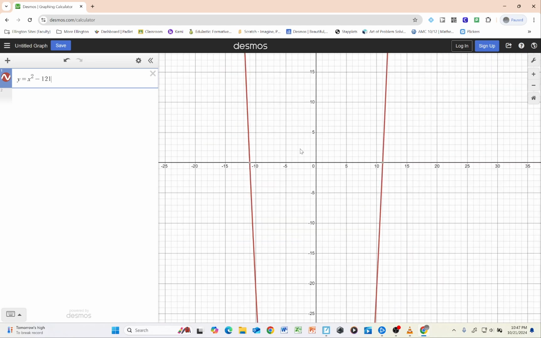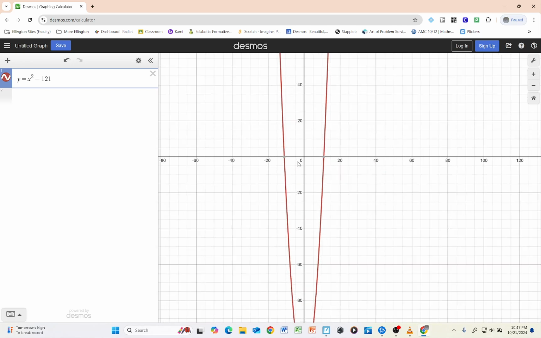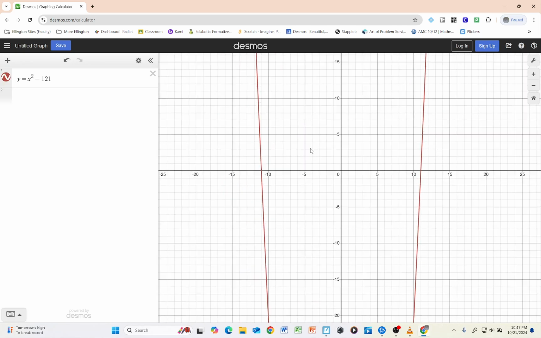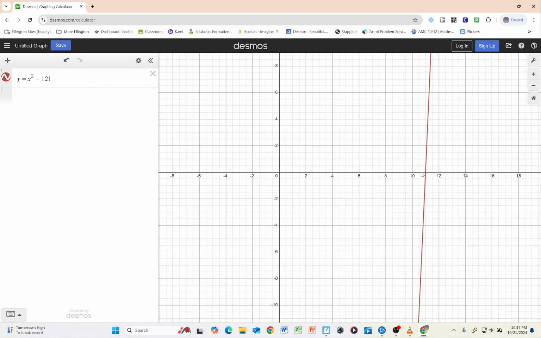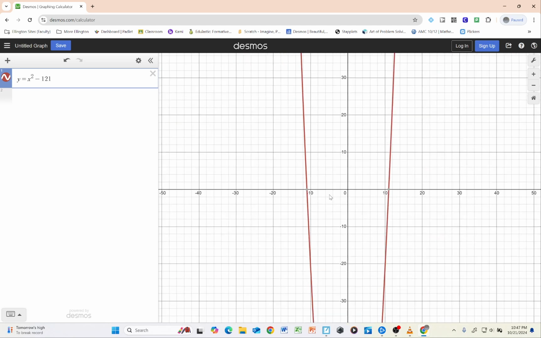And sure enough, you're going to see, here's the parabola, very skinny in this one, and it's got two solutions. One at 11, and the other one at negative 11. So there's your proof right there. Negative 11, positive 11. And we could do that as many times as we'd like.